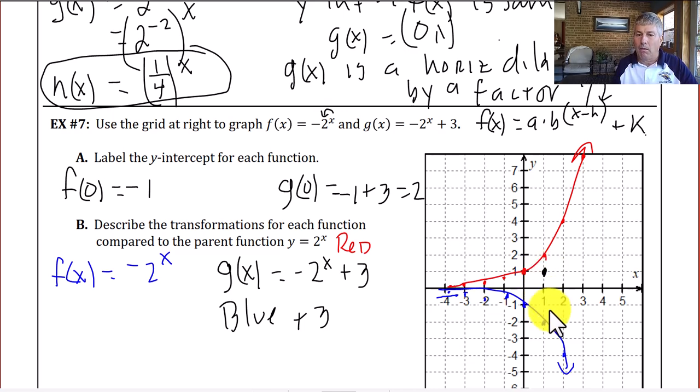So 1, negative 2 becomes 1, 1. Negative 1, 0 becomes 0, 2. Negative 1, 1/2 gets shifted up 3 units. 1, 2, 3. So we're here.